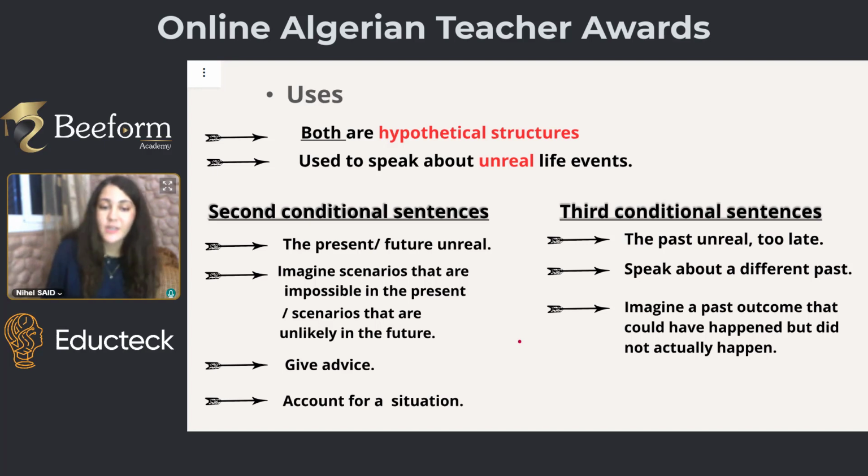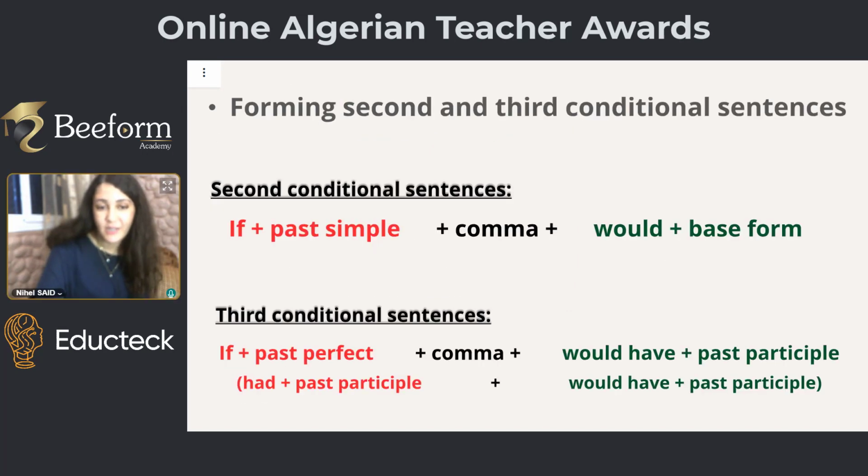We can use the second conditional to give advice and to account for a specific situation. For our third conditional, we are simply speaking about a different past. We're imagining a past outcome that could have happened but did not actually happen. It makes sense, I hope. It does, right?